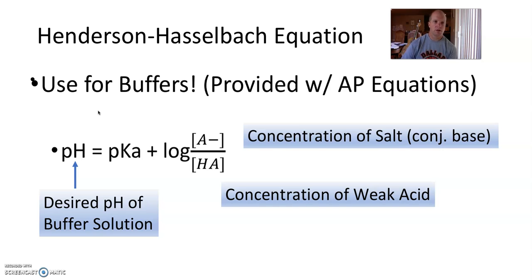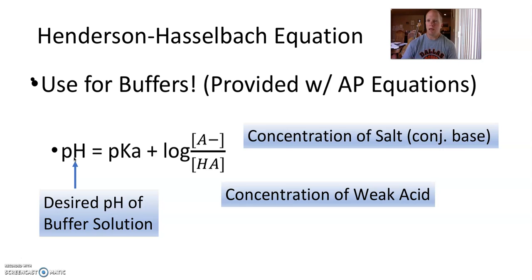So here's the deal. This is called the Henderson-Hasselbalch equation, right? You can see all the components here. We've got pH, the desired pH of the buffer solution. Buffer solutions are set at certain pHs. In fact, I can order them from chemical companies. Hey, I want a buffered solution that has a pH of 4, and I can get that.